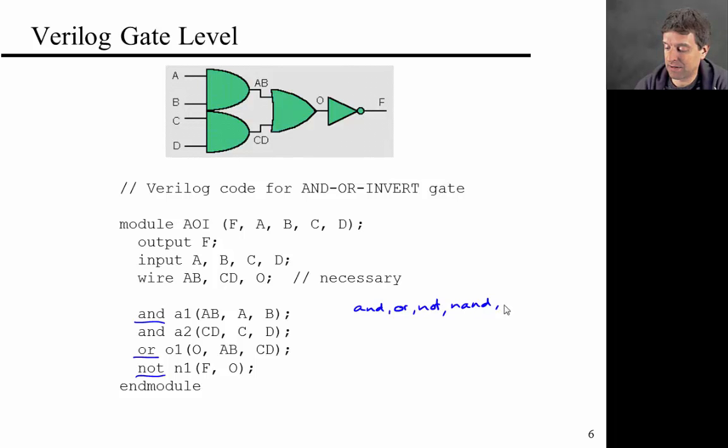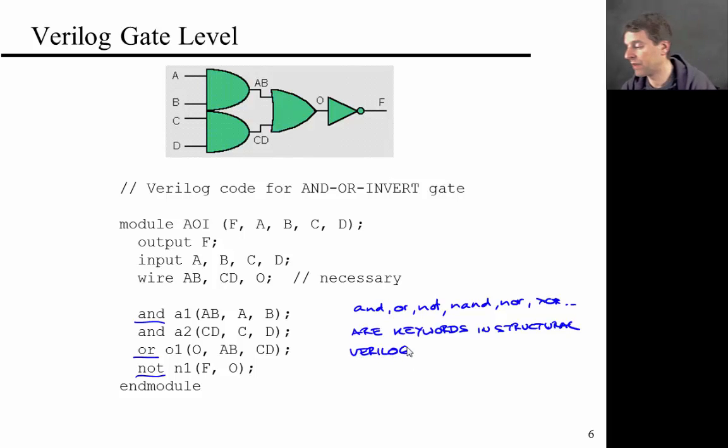NAND, NOR, XOR, etc. are keywords in structural Verilog. So there's a range of these keywords.